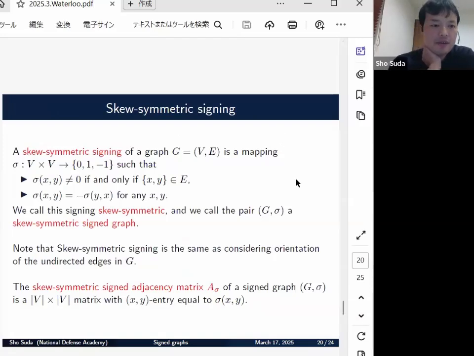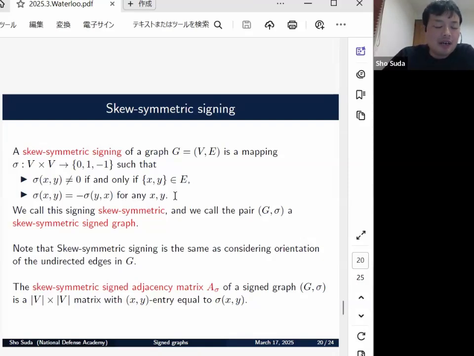So finally, I want to move to the last topic, which I want to call the skew-symmetric signings of graphs. This is just a variant of the symmetric signings, just changing the second condition: sigma xy is equal to minus sigma yx. It means the resulting signed adjacency matrix becomes skew-symmetric.